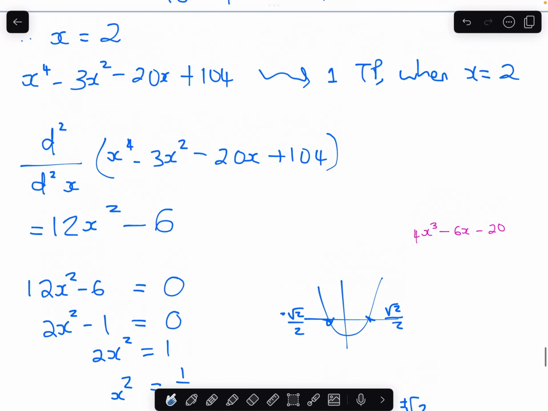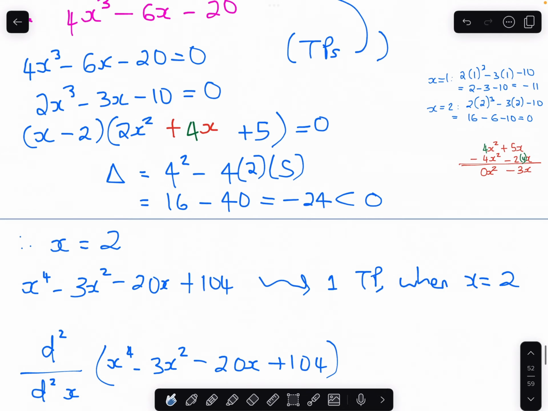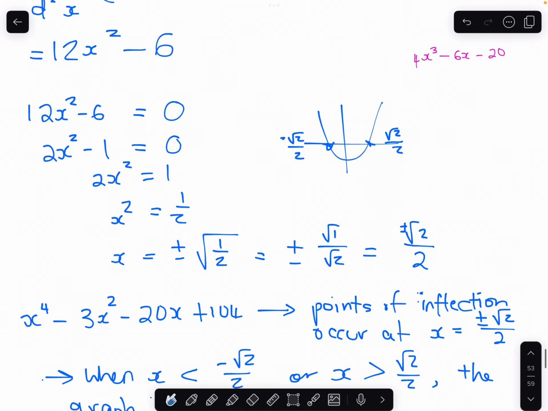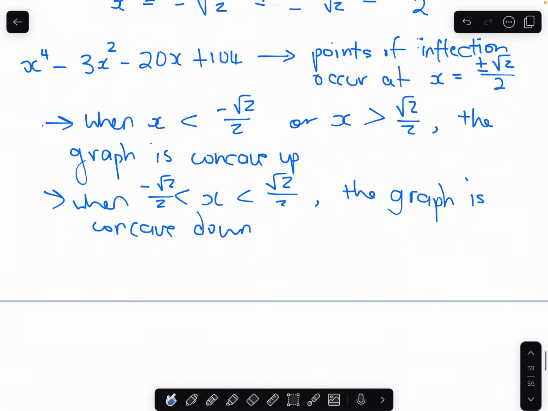So if I were to just take a stab at this, hey, what does this mean?